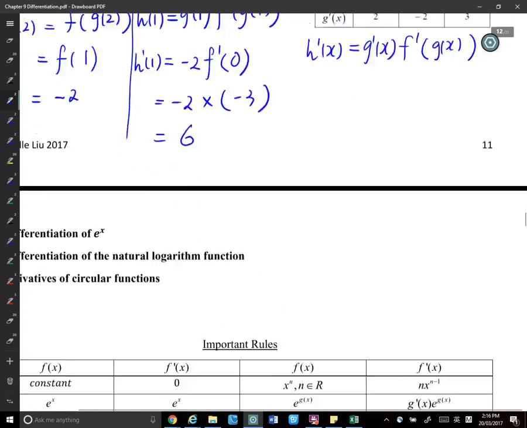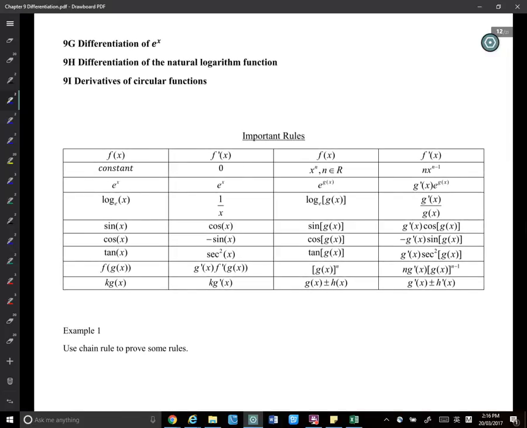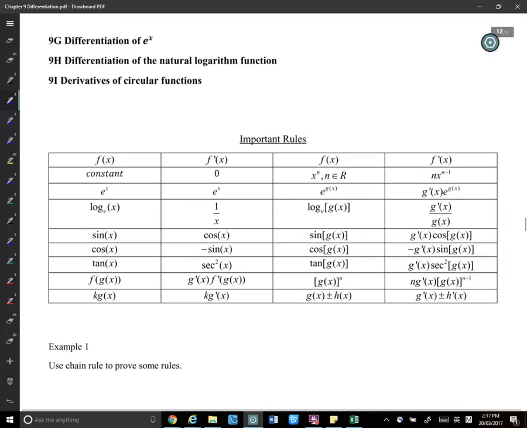Okay, so let's finish up the chain rule, and today I'm going to talk about differentiation of functions other than polynomials. It's not polynomials anymore. We know how to derive polynomials, something to the power of n, but we don't know how to derive other functions.